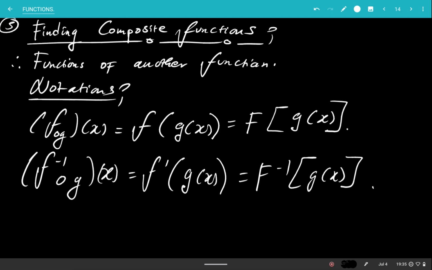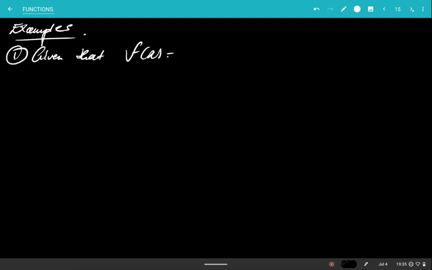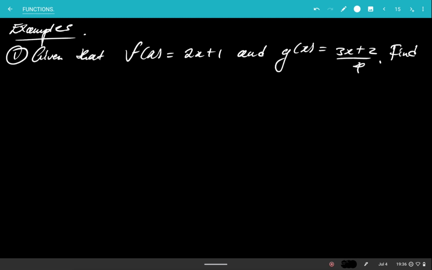Alright, let us try to apply with an example, or examples. Okay, so given that f of x is equal to 2x plus 1 and g of x is equal to (3x plus 2) over 4, let's try and find the f o g of x, which is f of g of x.